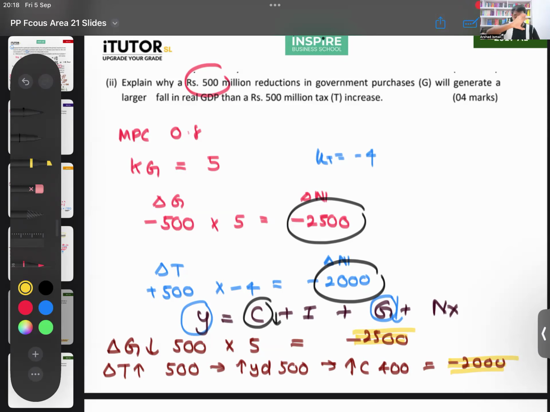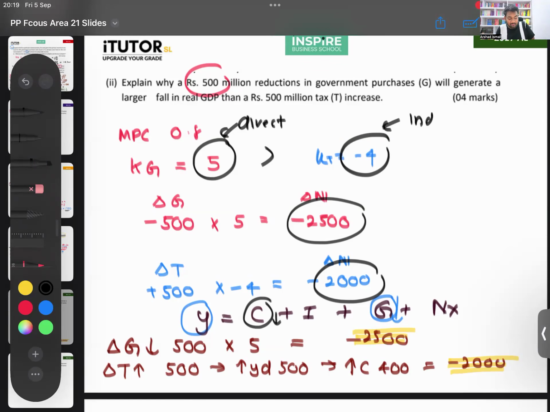Since the impact is indirect, it's not as strong. Government spending has a direct impact, and that is why the government spending multiplier is greater than the tax multiplier. When you change taxes, it changes disposable income, only a part of that gets caught in consumption, and then that affects your national income. That story is what you will have to write.